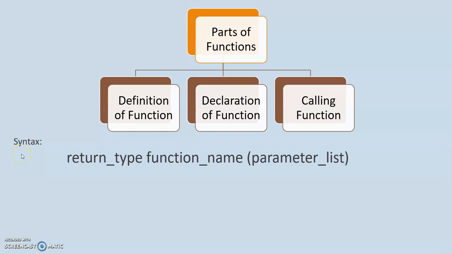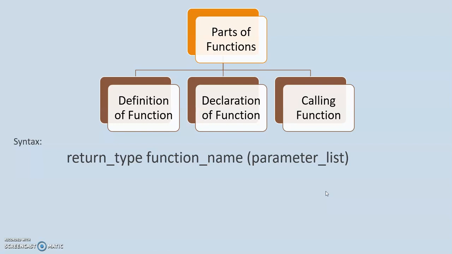Let's discuss the syntax of a function. Return type, the function name, and the parameter list. The return type can be void, float, int, char, double, etc. The function name is the actual name of the function, whereas the parameter list is used when a function is called: you pass a value to the parameter.